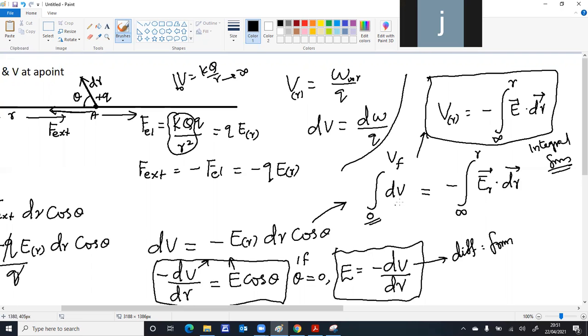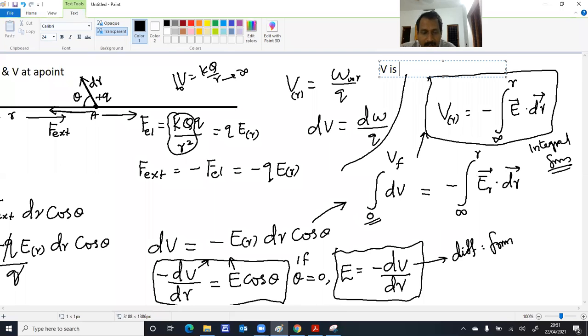Now, when we do the potential, the definition is from what? Infinity to r, right? Yes, sir. I can add here.